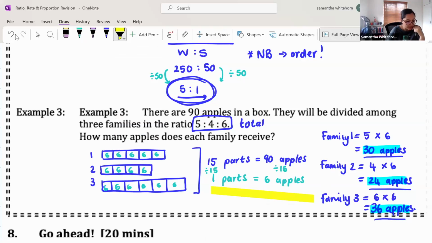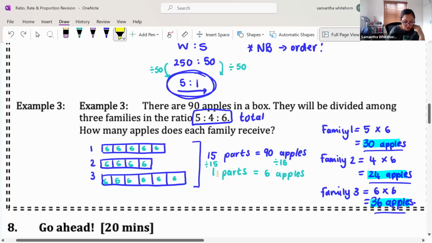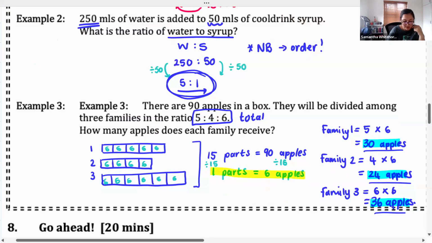Okay, cool. So that part there, once I knew what one part was, remember I worked out that one part was 6 apples. If I go back to my ratio, the first family was represented by 5 parts. So for every one of those 5 parts, they get 6 apples. So that's why I needed to say 5 by 6. For the second family, they had 4 as their parts. So every one of those 4 parts, they got 6 apples.